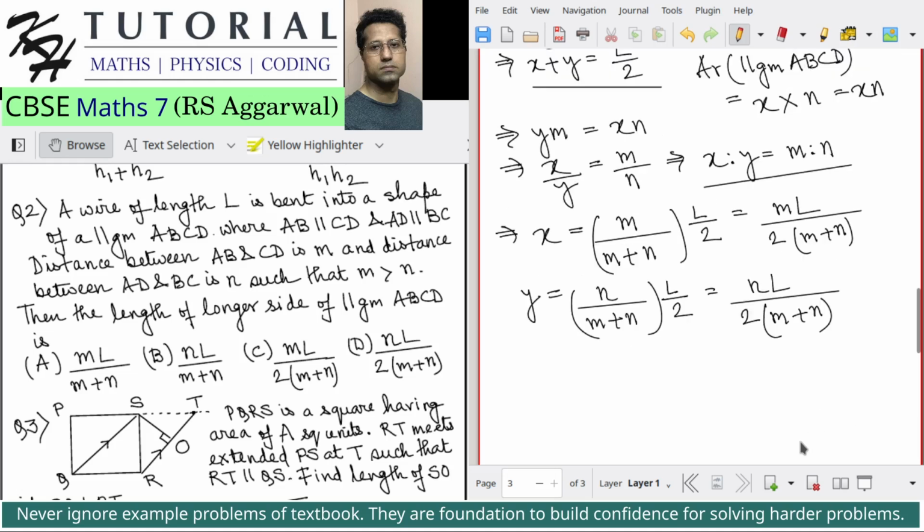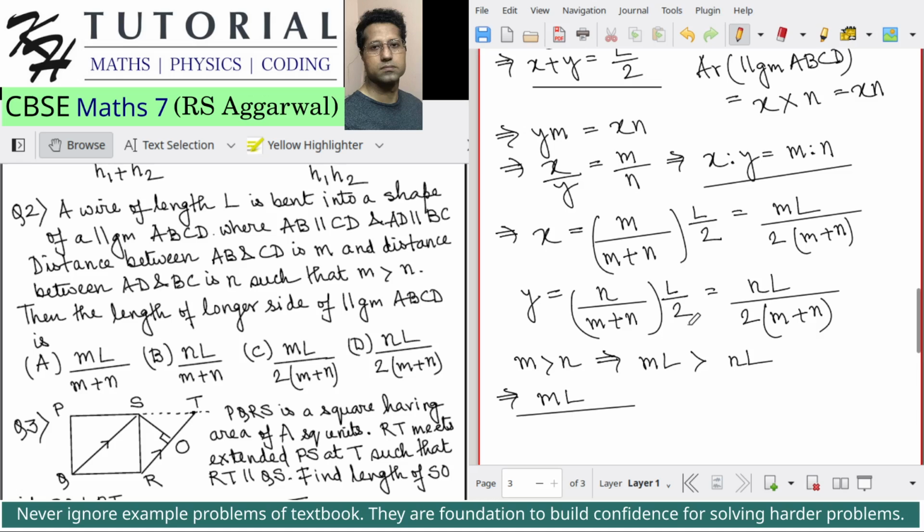Clearly, since it is given that m is greater than n, m L will be greater than n L. So this implies that m L divided by... as you can see, in both the values of x and y the denominator is a constant, that is, the denominator is the same, 2 into (m plus n), but the numerators are different.